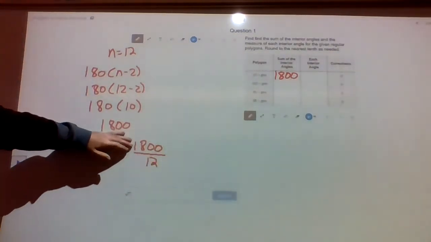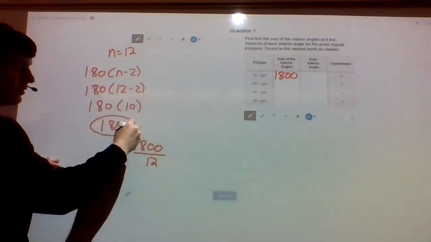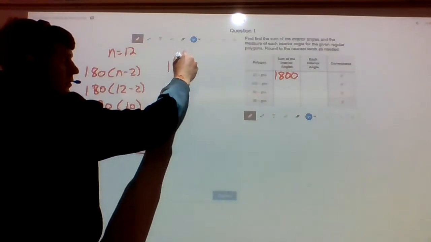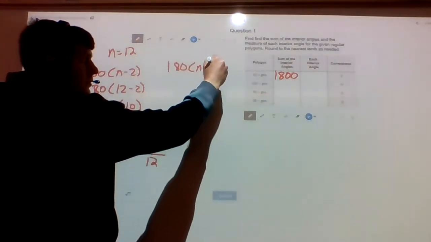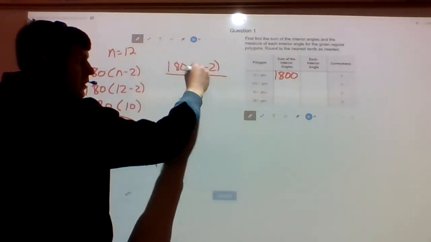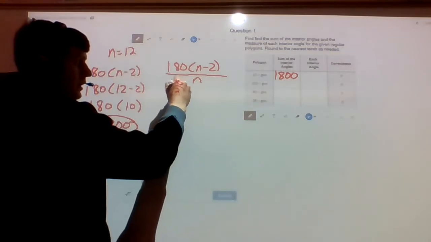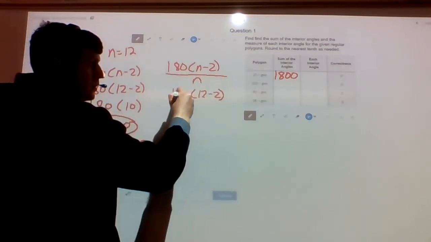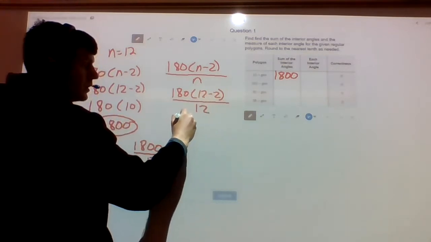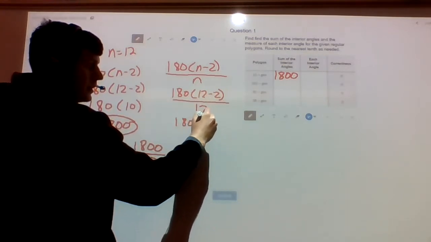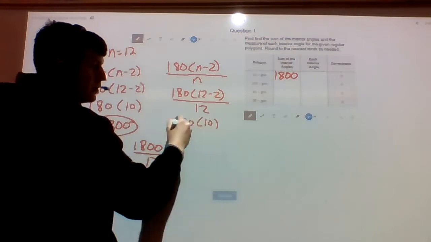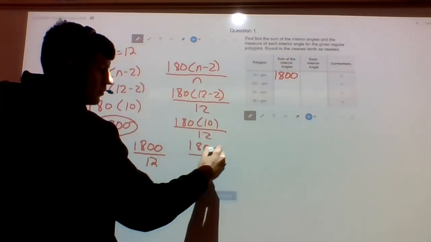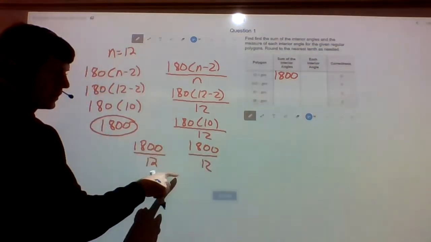But you can just take this answer here and divide by n, or we can just start over. The official formula is 180 times n minus 2 over n. And then we can plug n in, so we have 180 times 12 minus 2 over 12. So that's 1800 over 12, which is what we got here.